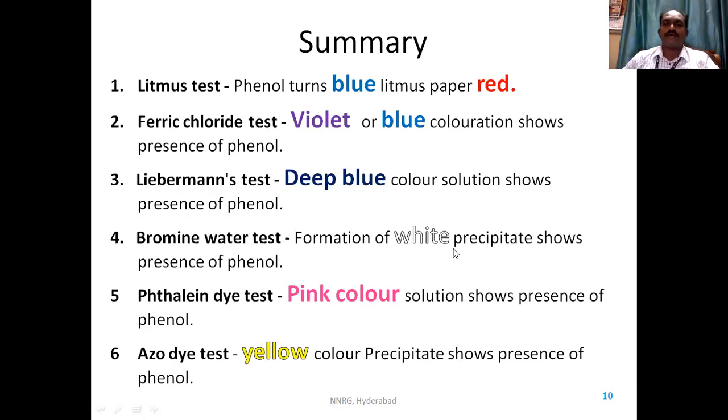In the bromine water test, a white precipitate is formed. In the phthalein test, pink color is formed. And in the azo dye test, a yellow color precipitate shows the presence of phenol. So these are the qualitative tests for phenols, which are easy to perform.